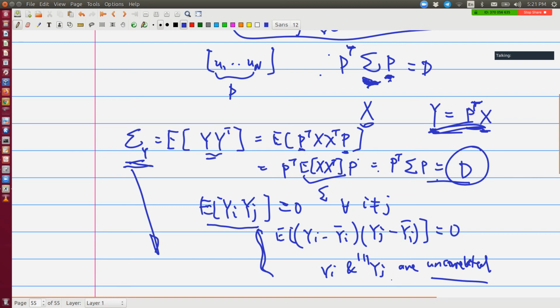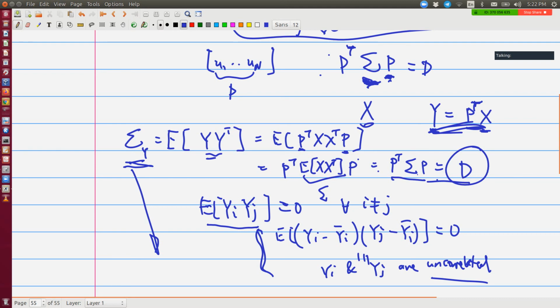So you want to make that diagonal. And when you take Hermitian times x, that can be diagonalized.